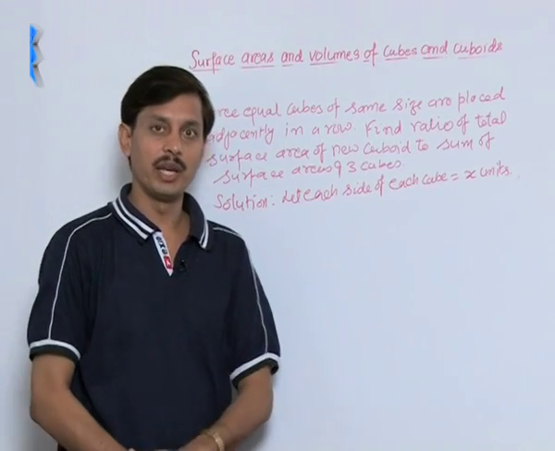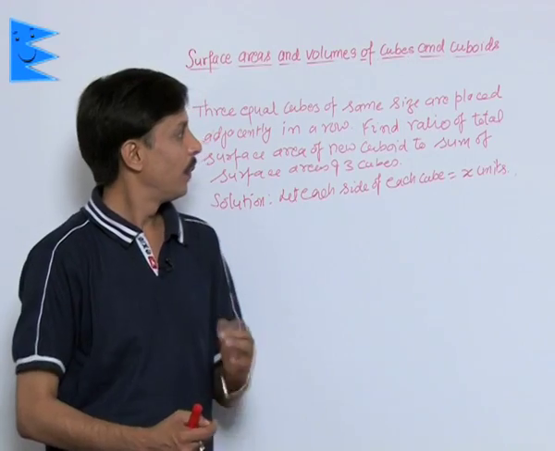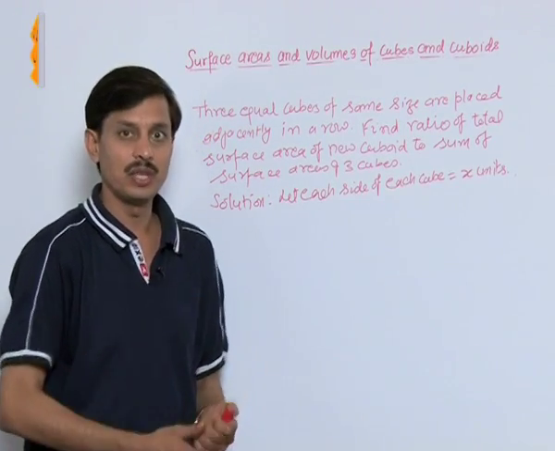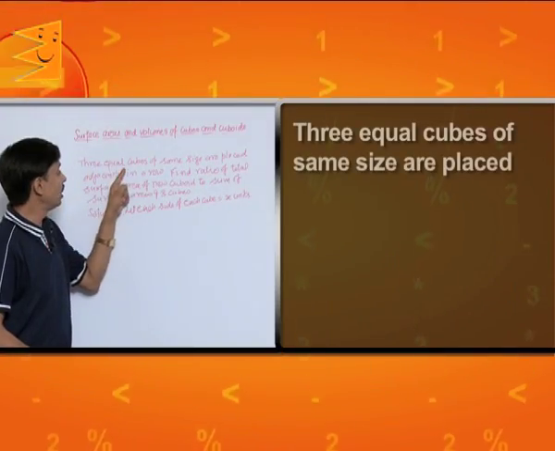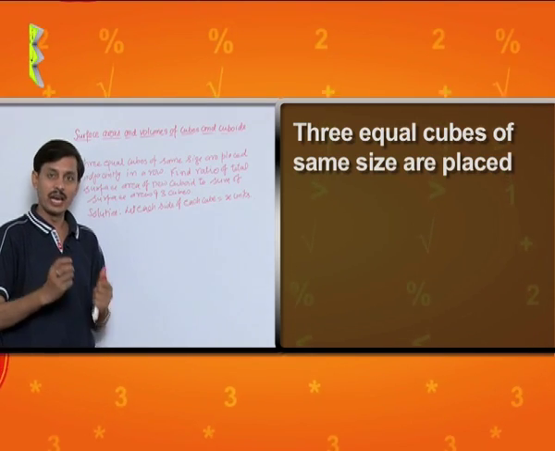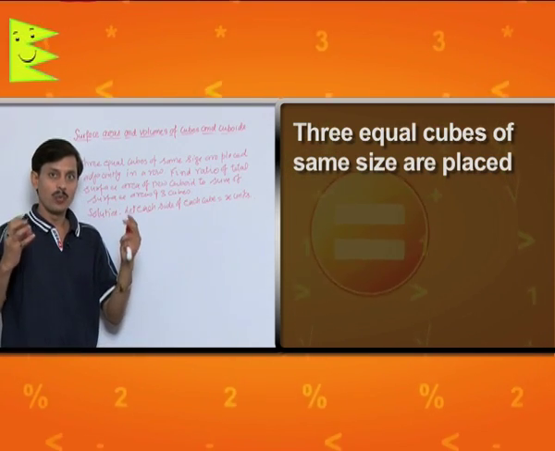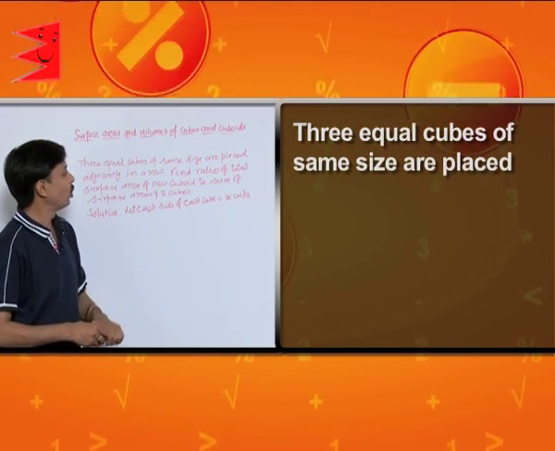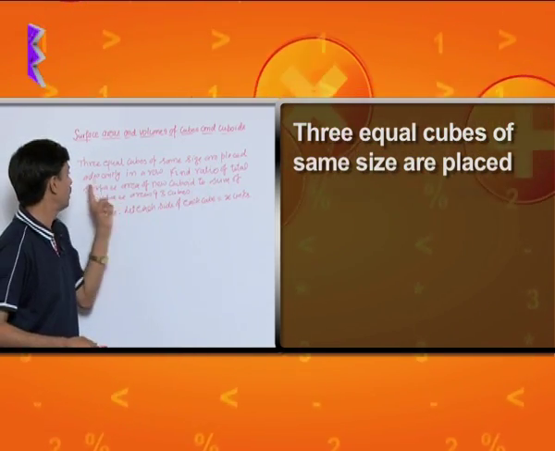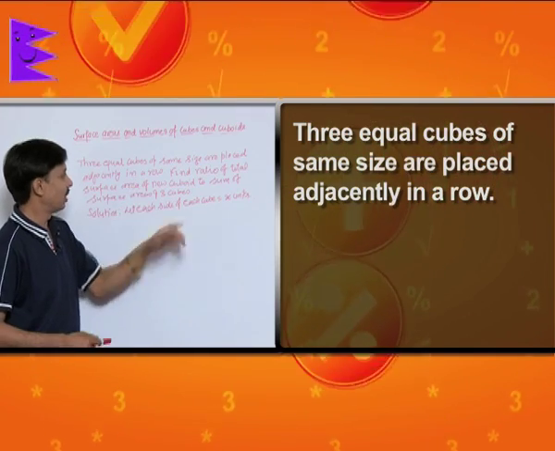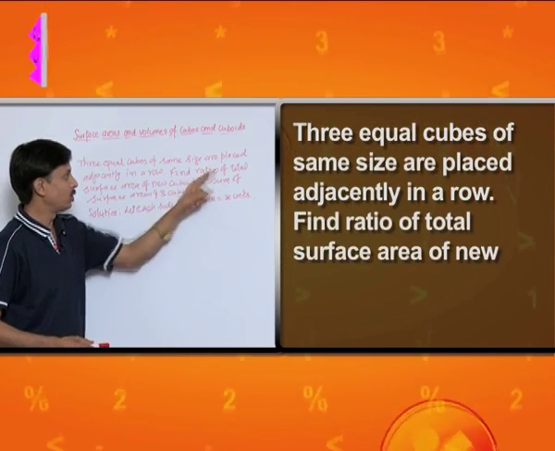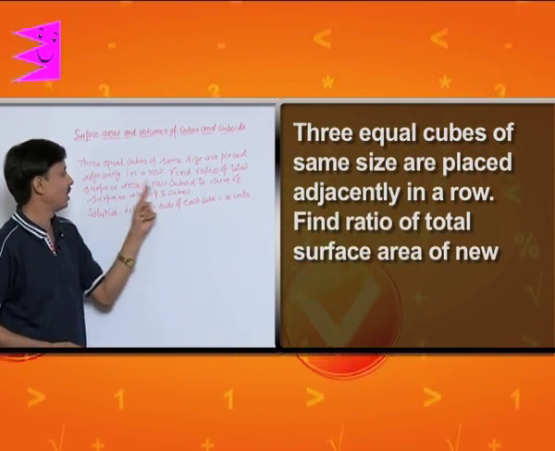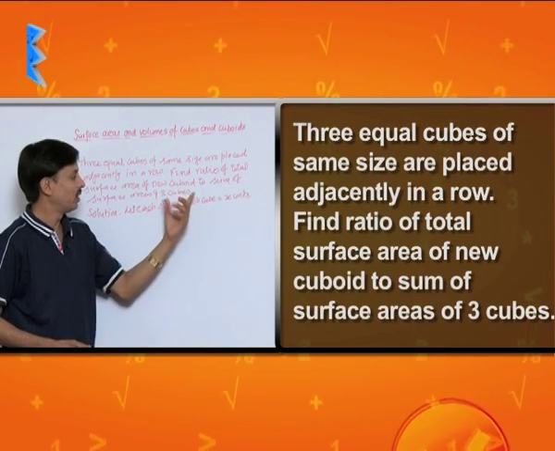Now I want to take one more problem based upon the surface area concept. We have three cubes which are equal in size. Three equal cubes of the same size are placed adjacently in a row. Find the ratio of total surface area of the new cuboid.